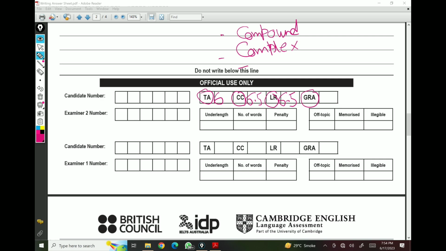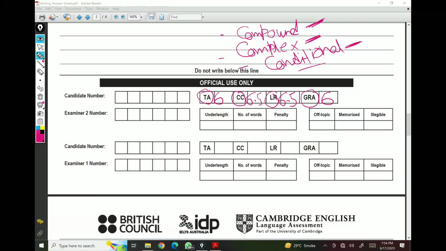And finally, whenever you give an example, you can use conditional sentences. Mainly compound, a couple of complex sentences, and when you give an example you can use a conditional sentence. This is what we call grammatical range and accuracy.